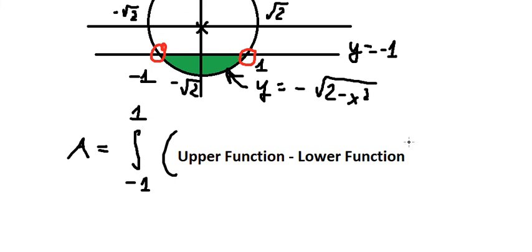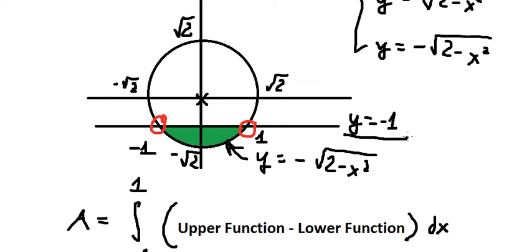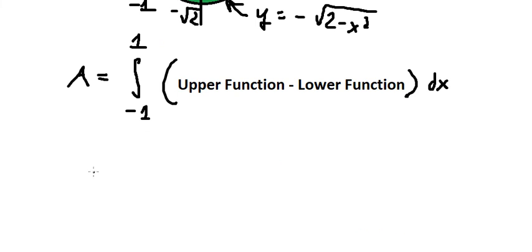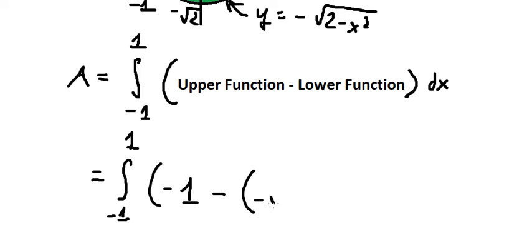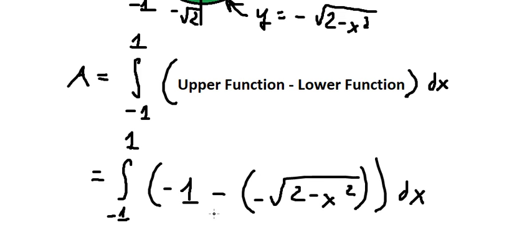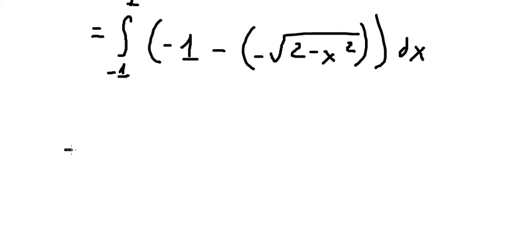Based on the graph, we can see that the upper function is this one, and the lower function is this one. So the upper is negative 1. The lower we have negative of the square root of 2 minus x squared. So negative and negative we have positive.